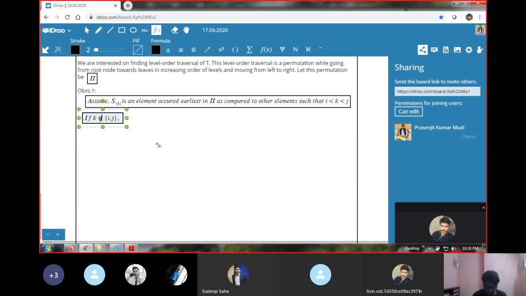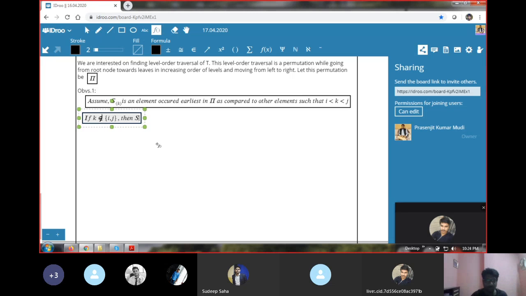Then what will happen? k is some intermediate value between i and j. So that means all the elements which are having rank less than k should be the elements belonging to the left subtree of sk, right? So then, and one of them will be si.